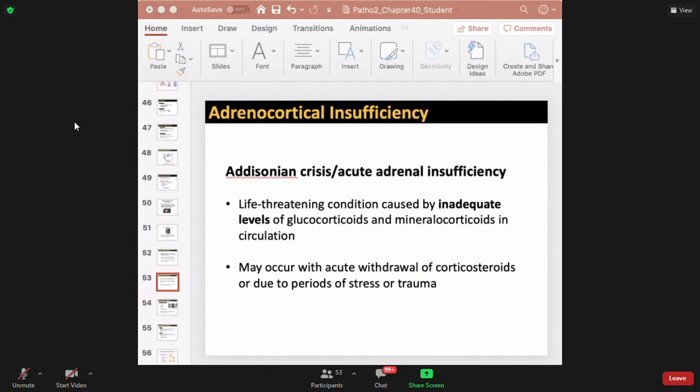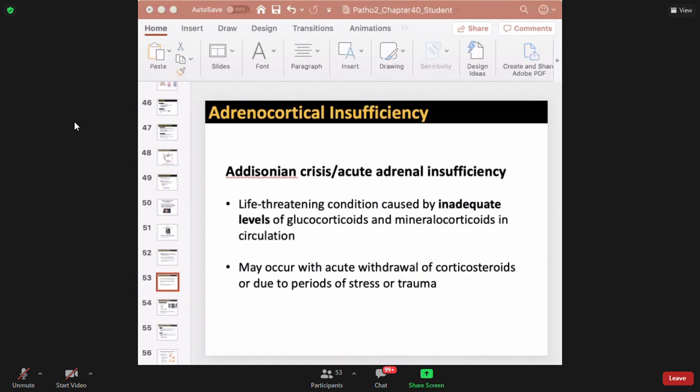Essentially, your pituitary is not releasing a lot of ACTH when you're on long-term steroids, because there's no need to. You're on this drug, and there's no natural manipulation occurring.